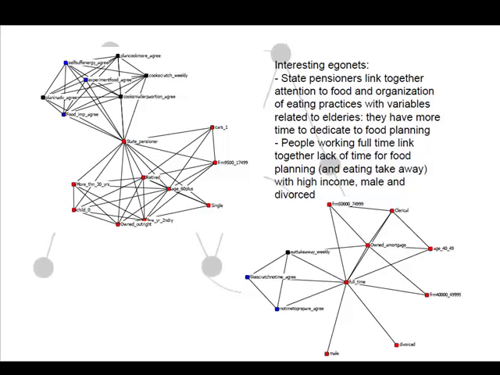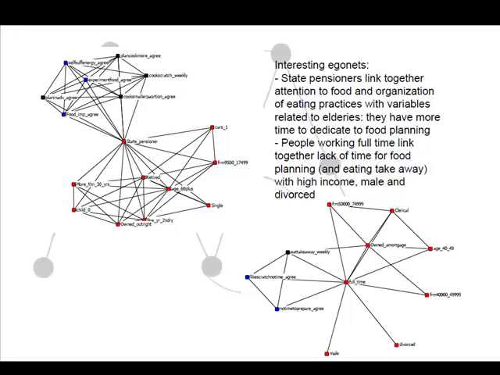And then you can also extract some ego networks. So you can concentrate on some specific variables that seem to be located in interesting positions. So for example, here I just took two of them out. If you are a state pensioner, you tend to be retired, you are old, you're single, you own your house, but also you have another component up there which says that you tend to cook smaller portions than you used to, so you eat less.